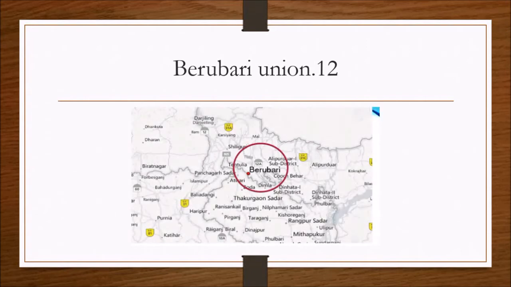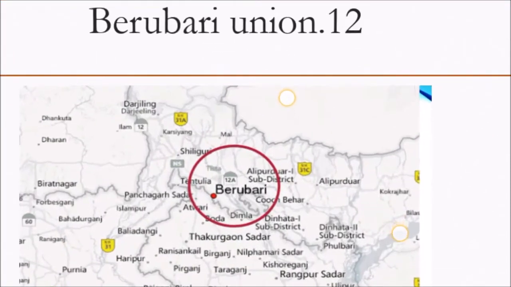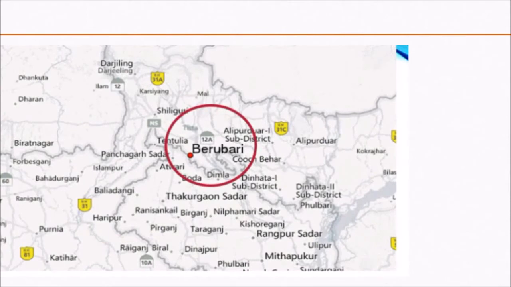This is called the Berubari Union. Berubari Union means a union of some part of Coach Bihar, Dimla, Boda, Pachgar Sadar, and some areas of Jalpaiguri. All these areas together form the Berubari Union.